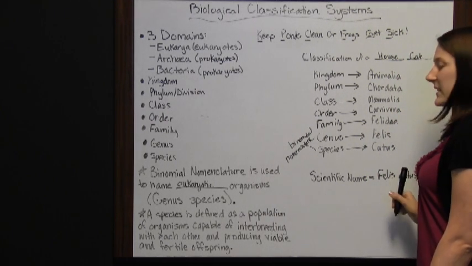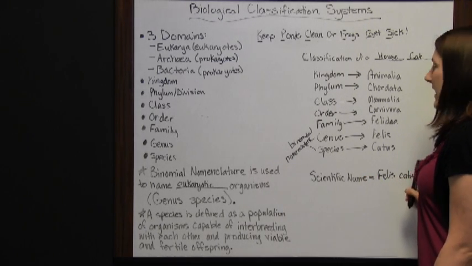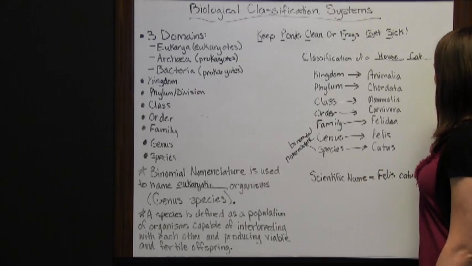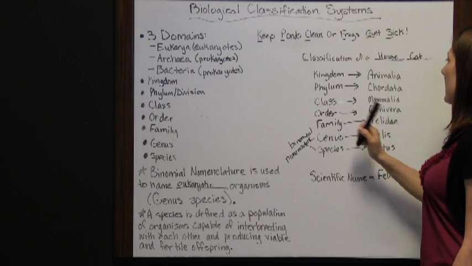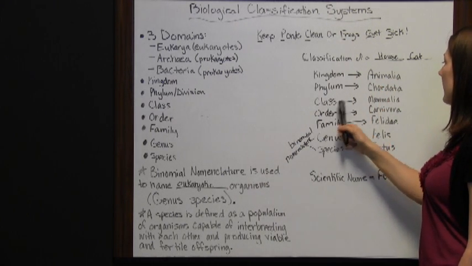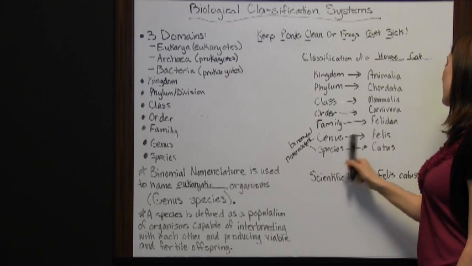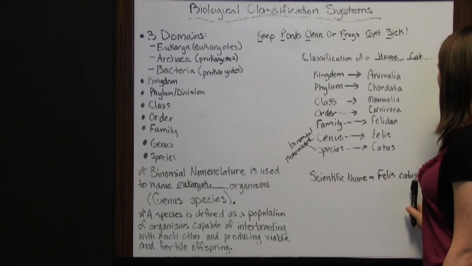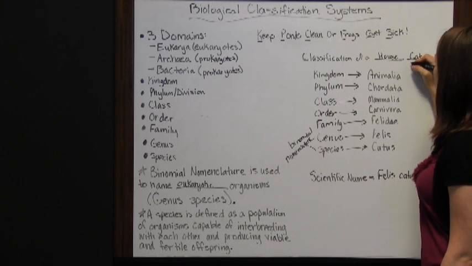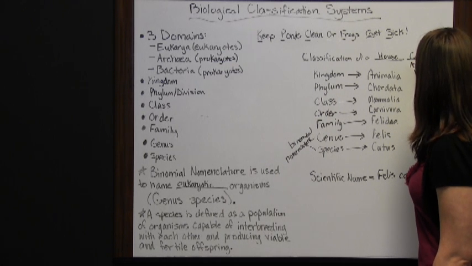And Felis kind of sounds like feline, which you've probably heard before. And catus sounds like cat. So a house cat belongs to the kingdom Animalia, phylum Chordata, class Mammalia, order Carnivora, family Felidae, genus Felis, and species catus, giving it the name Felis catus and the common name of house cat.